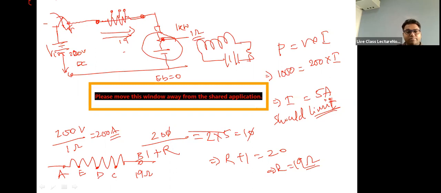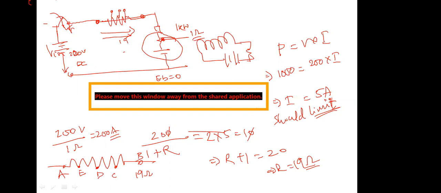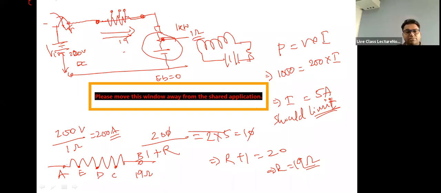It is a variable resistance. Are you getting a sense of it? So in this way, the resistance has to be planned.